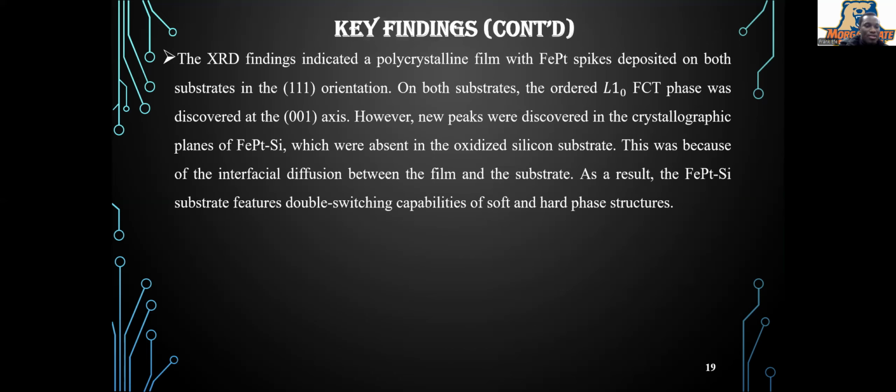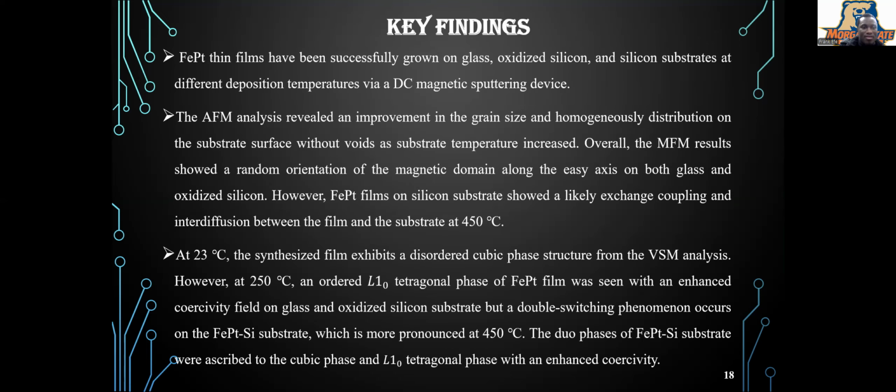At 23 degrees Celsius, the synthesized film exhibits a disordered cubic phase structure, from the VSM analysis. However, at 250 degrees Celsius, an ordered L10, that is the tetragonal phase structure of iron platinum, was observed with an enhanced coercivity, which increases the area density for more data storage.